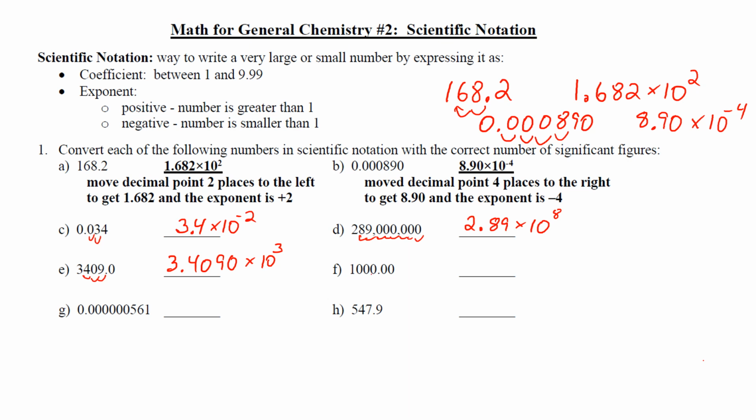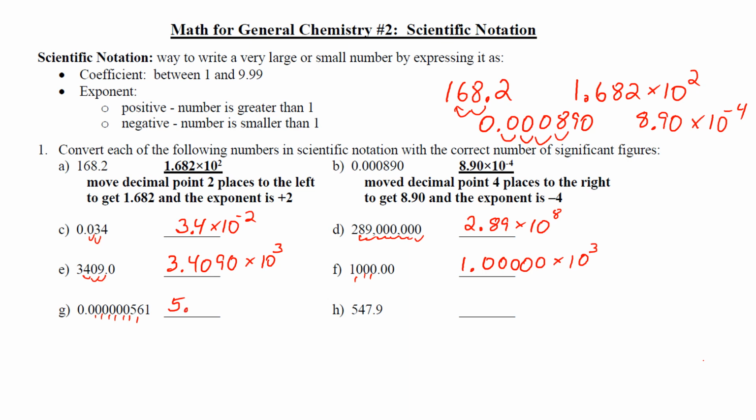1000.00, I move it 1, 2, 3 spots. So 1 point, all these zeros are significant because they're trailing and there's a period here, so I keep them all. And I moved it 3 spots, so that's times 10 to the 3. All right. This number here, it's really small, so I move it 1, 2, 3, 4, 5, 6, 7 spots.